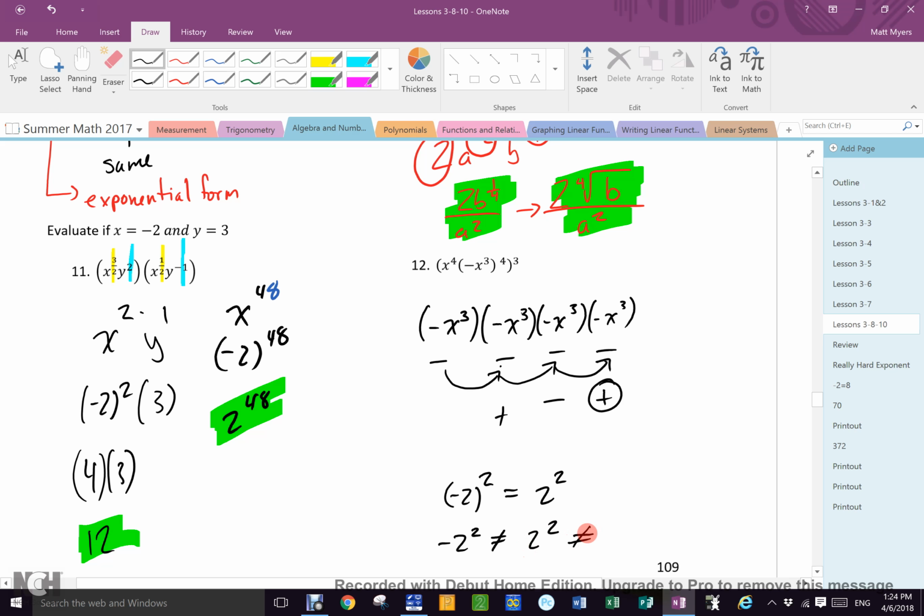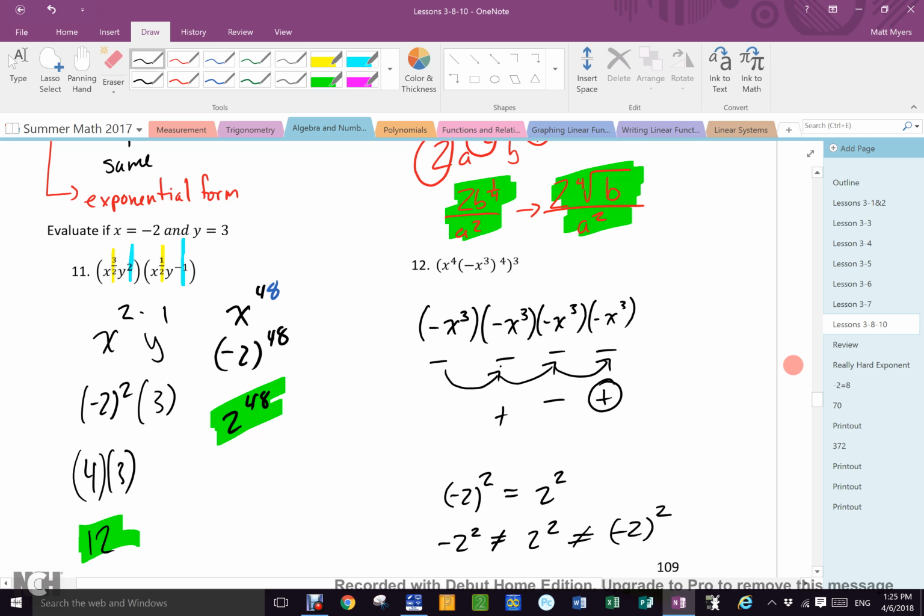And it's not the same as negative 2 squared. Did you hear the pause in my voice? This is negative 2, squared. This is negative 2 squared. In this one, the negative comes along for the ride. In this one, it just hangs out front and minds its own business. Everybody cool? So that's why that one's tricky. And I put it there on purpose just to see what would happen.